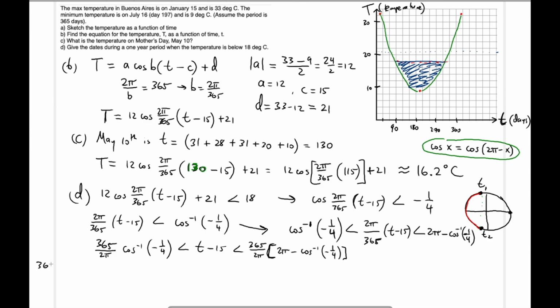So you're going to have 365 over 2 pi, our cosine of -1/4, plus 15 is less than t is less than 365 over 2 pi, being multiplied by 2 pi minus our cosine of -1/4. And of course, after that bracket ends, you're going to have to add that 15, right? Because you added it to both sides of the inequality, right?